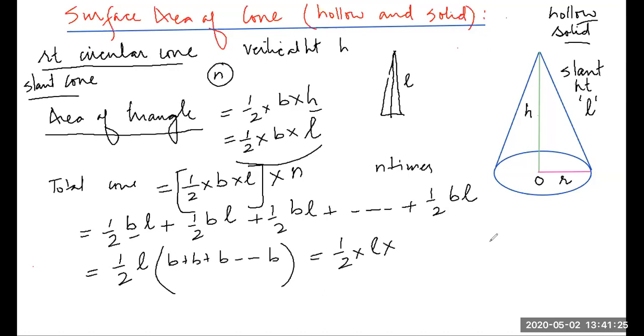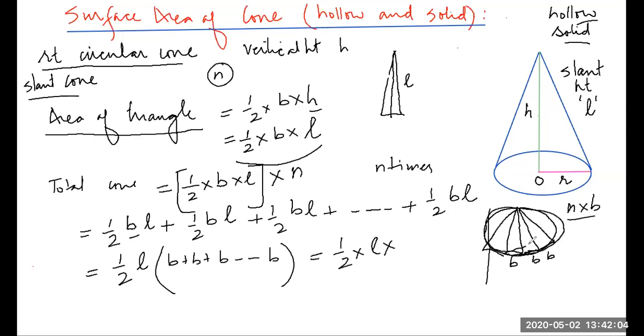Now this was a triangle, this was the base B. All the triangles, n triangles, are having base B. Now this B is coming n times. So what is n into B? If I join all the B's, 1B, 2B, 3B, up to n B's, this will come as the circumference of this circle.